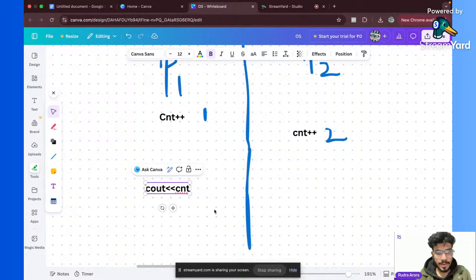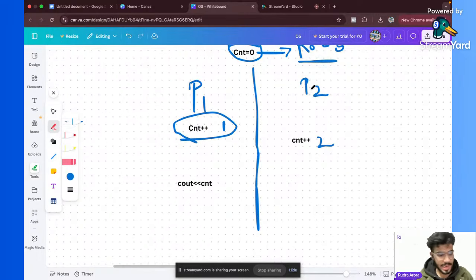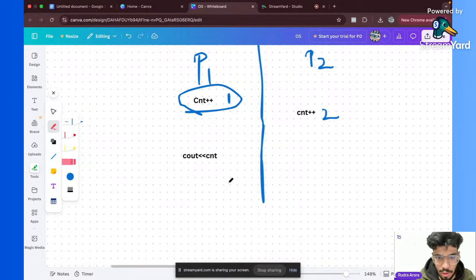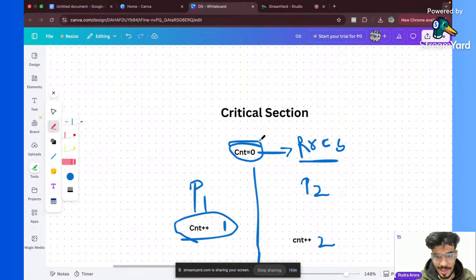The value of count which P1 wanted was 1, but because P2 was also acquiring it at the same time, the value has become 2.